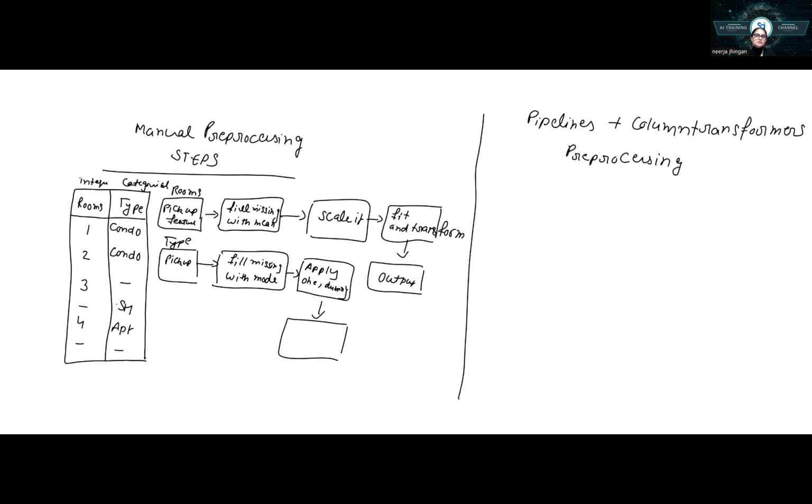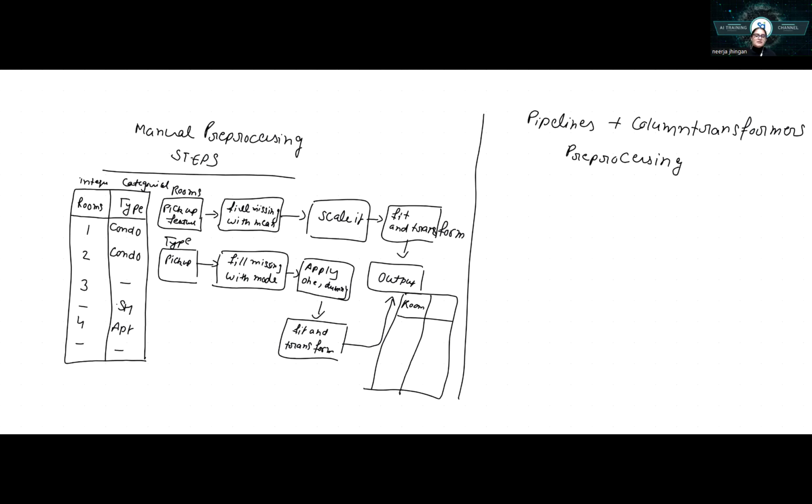And then finally, you will fit and transform. And then the output will come. This is the process, and these steps you are going to follow if you are going to do it manually. I will show you in the Python code. So just understand now what the output will be. After handling your number of rooms, let's say the mean value is 2.